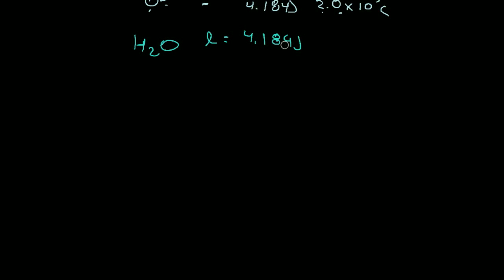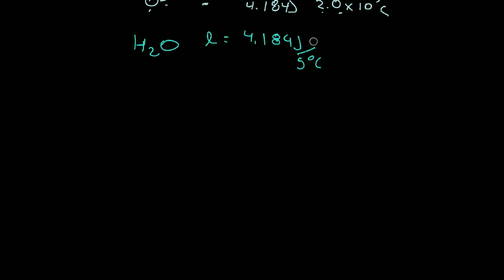And specific heat is always going to be joules. Well, I shouldn't say always. It's always going to be joules or kilojoules or megajoules or something like that over grams or kilograms or megagrams or something like that times degrees Celsius, but you may see this in degrees Kelvin or in Fahrenheit.